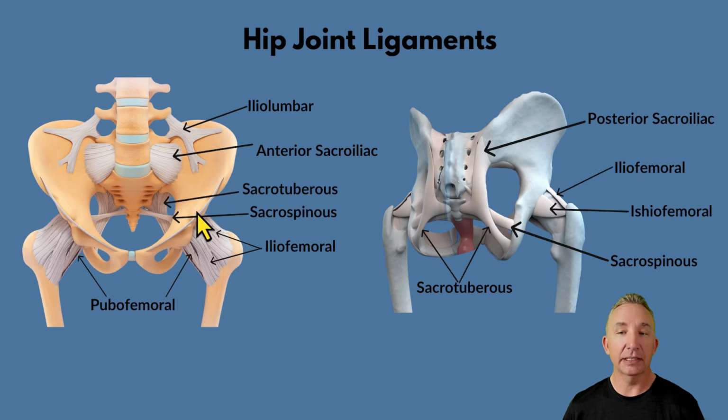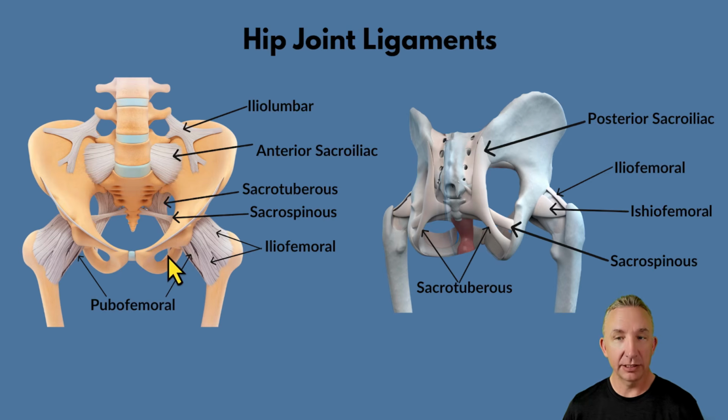And when I look at sacrotuberous, it's the bigger one on the posterior side, but I can still see it crossing on the anterior. It's going from the sacrum to the ischial tuberosity. So sacrotuberous and sacrospinous.